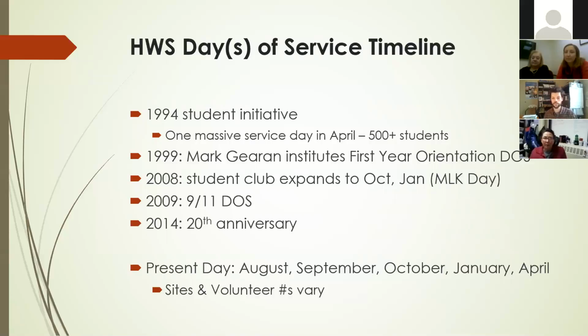And so from there, in the late 90s, when President Guerin came, and President Guerin used to run the Peace Corps and has been involved with Corporation for National and Community Service. He was the board chair. So we've been very blessed to have him for 18 years now, although he is sadly leaving sooner than I would like.